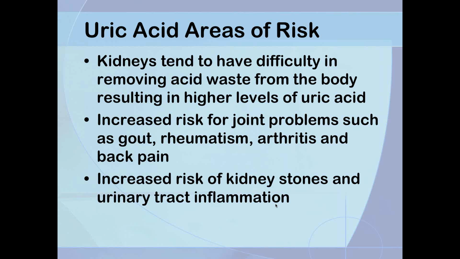Also, because the body tends to buffer that acid with calcium, there's a greater risk of the formation of kidney stones as calcium is excreted through the kidneys to buffer the acid, and also urinary tract inflammation, and possibly calcification and calcium deposits in this iris pattern.